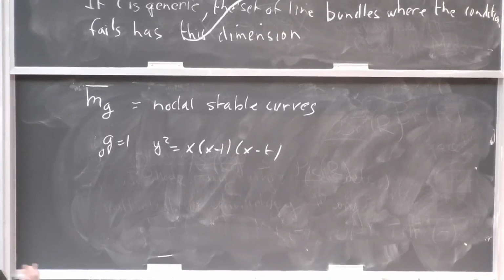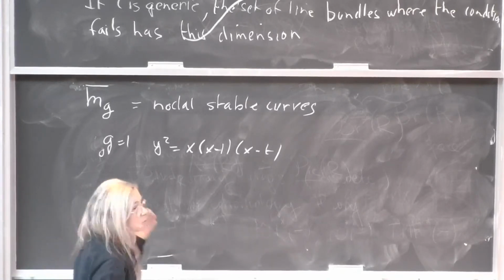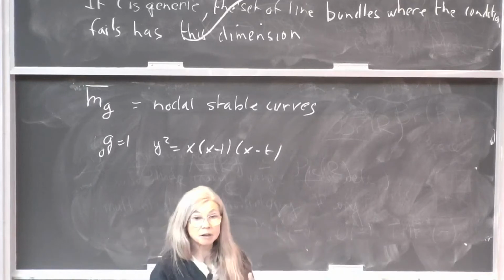And you can go on. Genus 3, you have plane quartics, so the coefficients of the plane quartic will give you parameters and so on. But things become more complicated, and not all these moduli spaces are rational or even unirational.